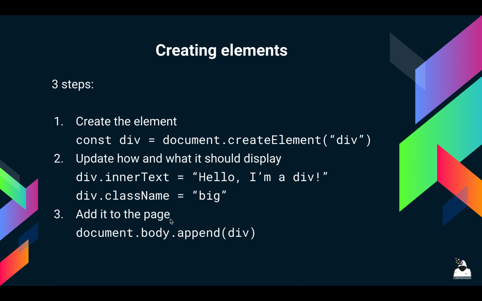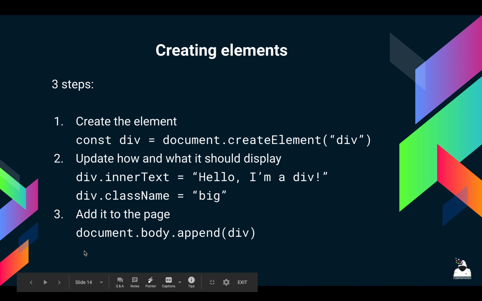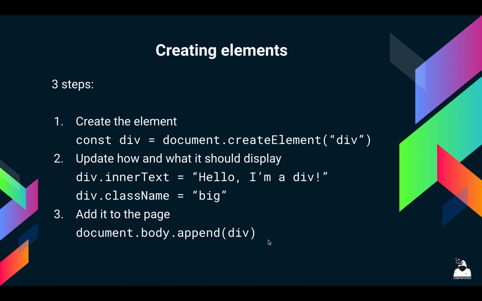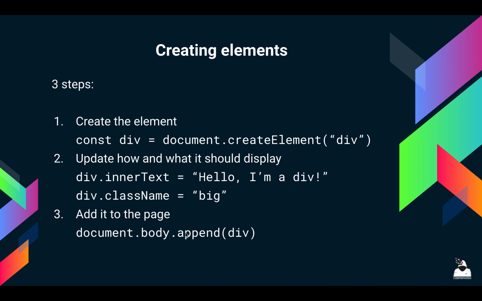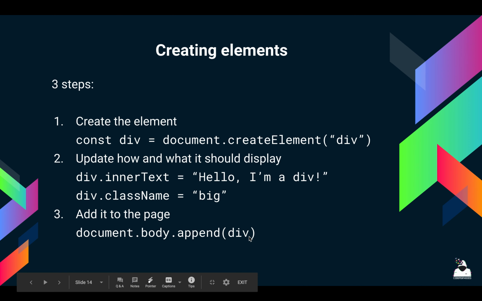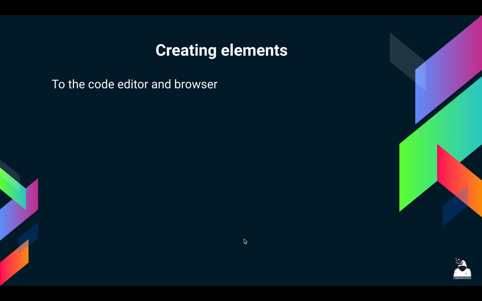And then we can add it to the page using document.body.append(div). I'll explain that as I'm demonstrating, but append is the important part. We call append on an element and we pass it an element to append to the parent element. In this case, body is the parent element. We call append and pass the new element we want to create in the page.